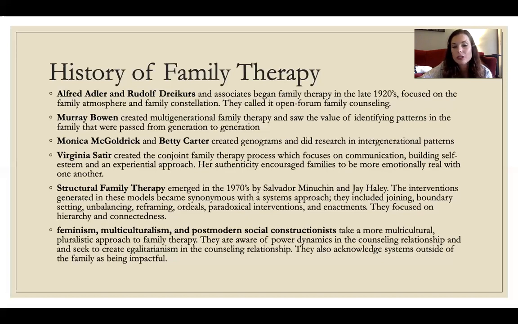So here, they're going to look a lot more at maybe the family's place in society, maybe societal oppression, socioeconomic status, issues that are happening on like maybe a community-wide level or even a national political level. And so we're looking at kind of all of the things that happen in society that impact the family and the individual. So keeping all of that in mind.